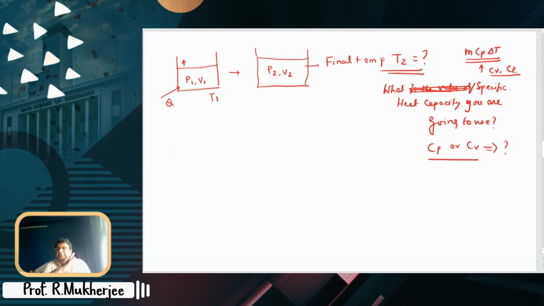But my question is very simple. When I ask you to find out delta T for a system, right? If I say that I have 30 grams of water or whatever, I have added 100 calorie of heat. Initial temperature is 20 degree.